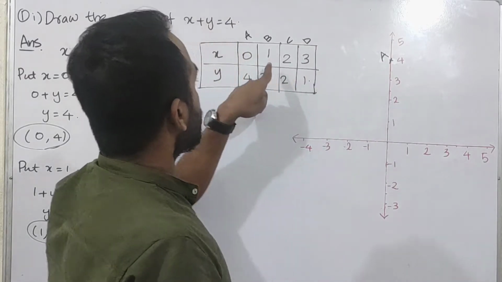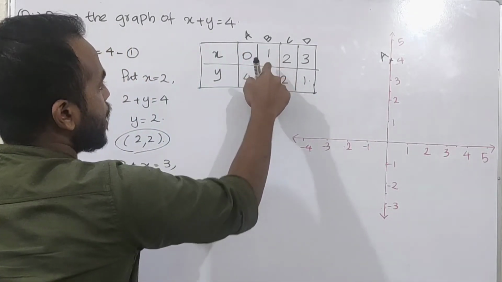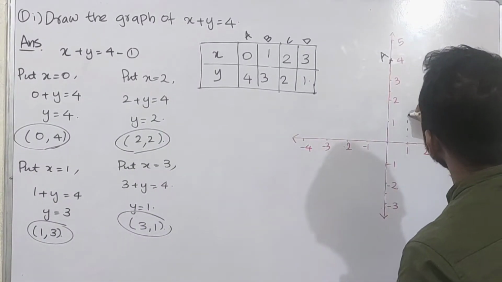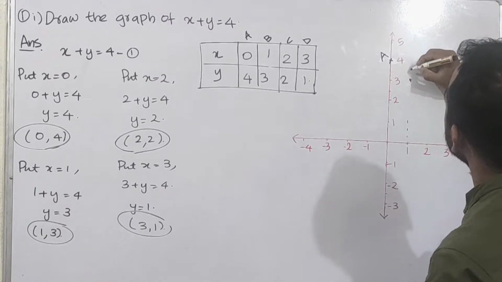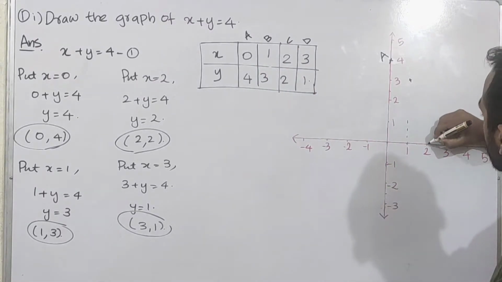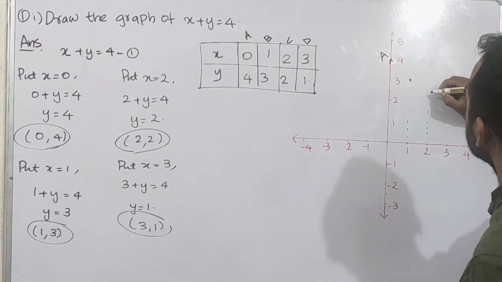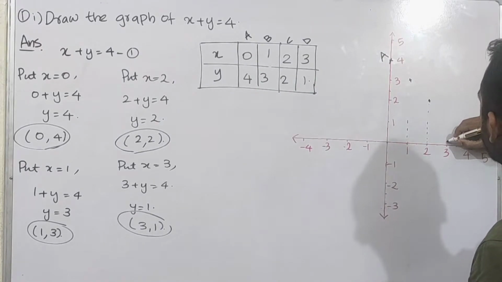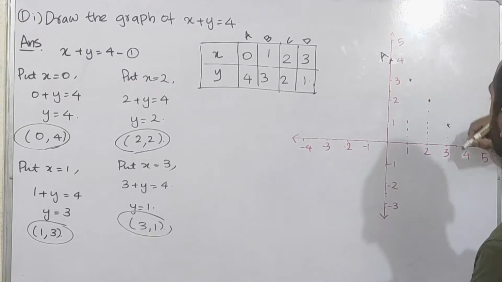Now the next point is (1, 3). The x coordinate is 1, and the corresponding y coordinate is 3. So here is our second point. Then the third point is (2, 2). So this is our third point. Then (3, 1).